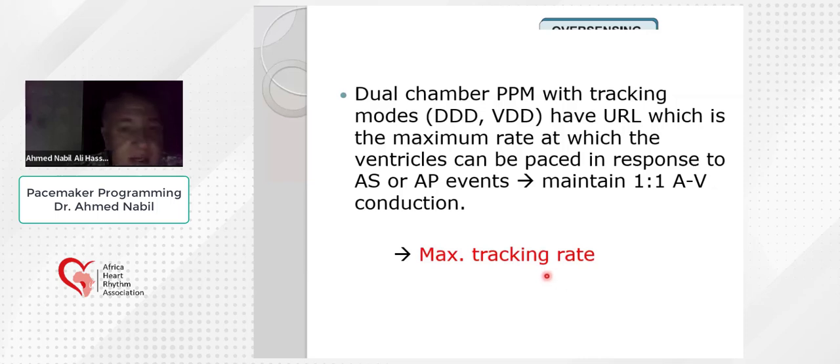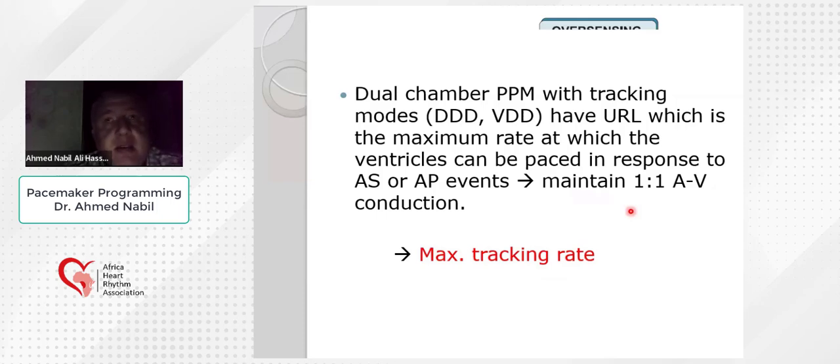The maximum tracking rate is the maximum rate that is permitted for a dual chamber pacemaker to track the atrium, or make the ventricle track the atrium. So it is the maximum rate that is permitted to track the atrium and maintain one-to-one conduction, meaning that I sense the atrium and follow it by ventricular pacing.